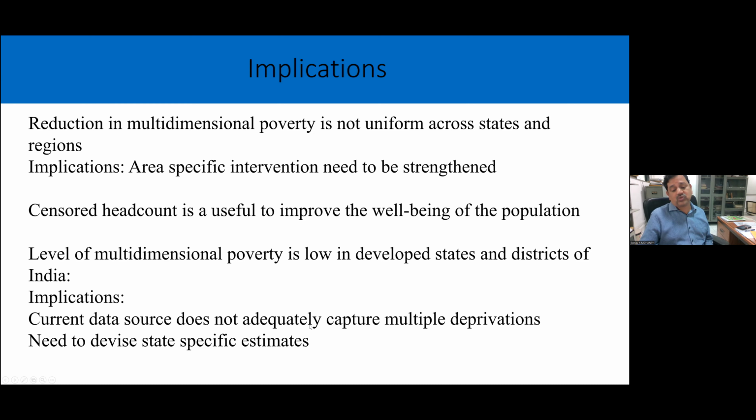This current data source does not adequately capture multidimensional poverty, and we need to devise more state-specific estimates. There is no logic to confine ourselves only to these global dimensions and indicators, because they are indicative. They are more used for a broader global comparative picture, but when you are defining at the national and regional level, this possibly can be done.